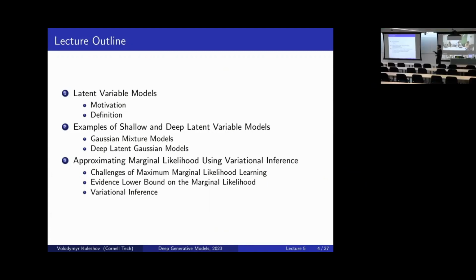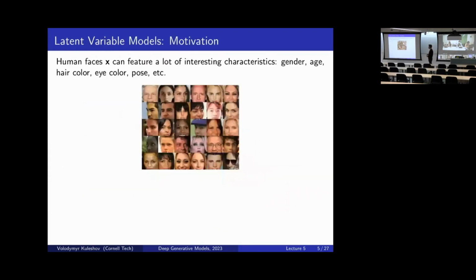And then we're going to start by defining this model family in this lecture, and then we're going to look at learning at the end of this lecture and mostly in the next lecture. Okay, so that's the recap and a plan.